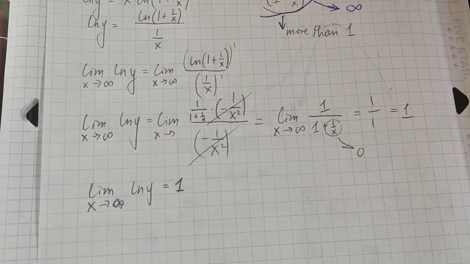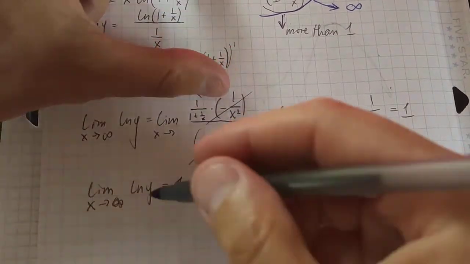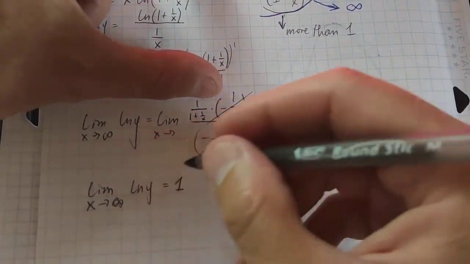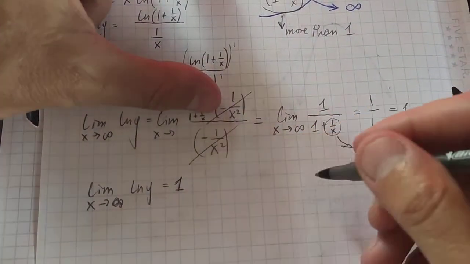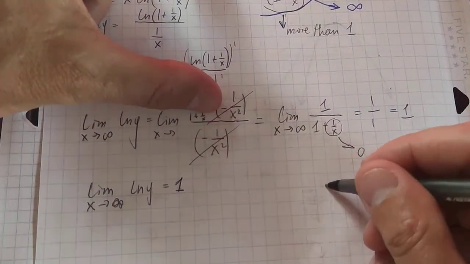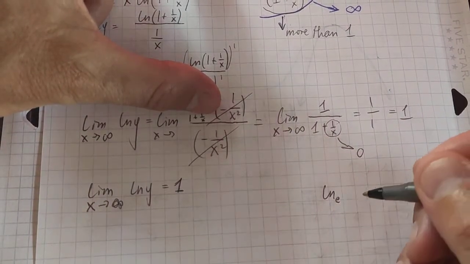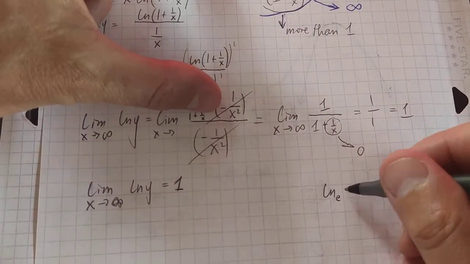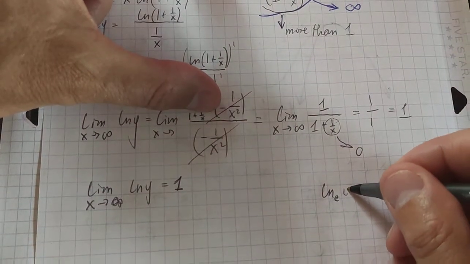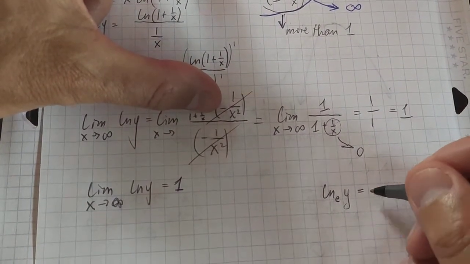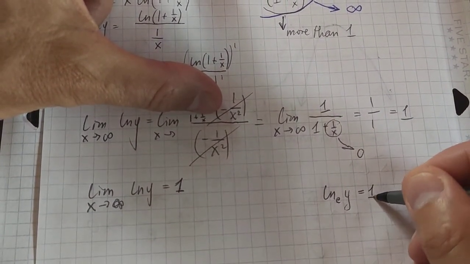So the question is, what is that y? That's what I'm asking. So let me rewrite this here. Natural log has a base of e, this is something I need to find, and this is 1.